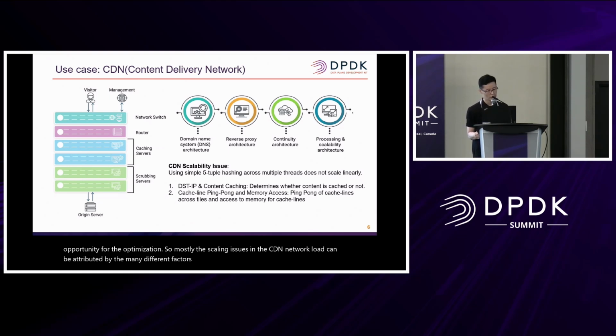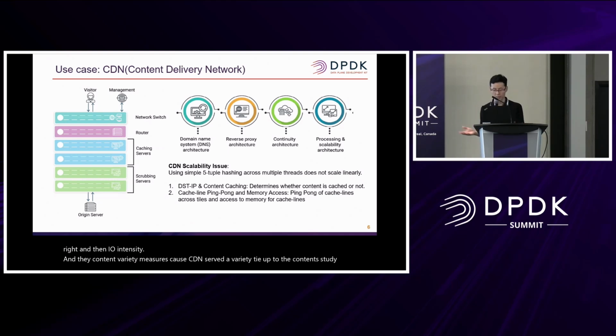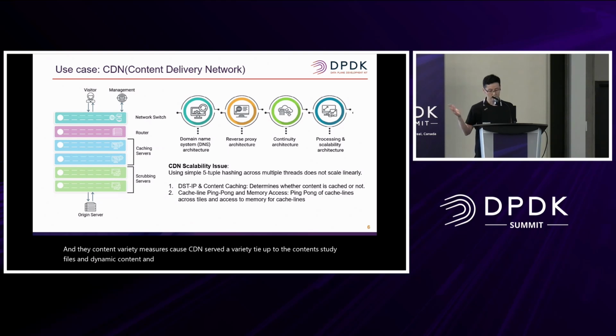First, high concurrency, because a CDN handles numerous concurrent requests, which stress the CPU and memory resources, right? Then I/O intensity, and then content variety, because the CDN serves a variety of content: static files, dynamic content and streaming media. And then the cache hierarchy complexity comes into the picture.